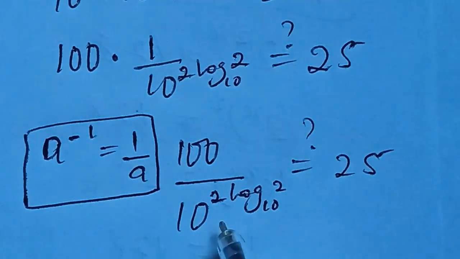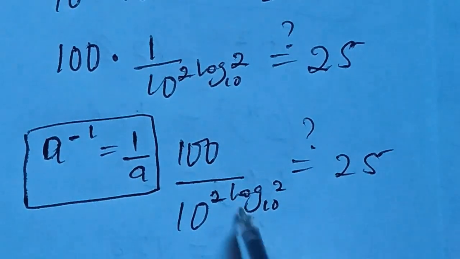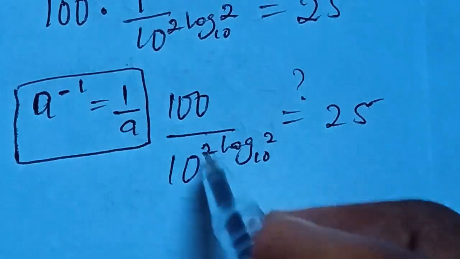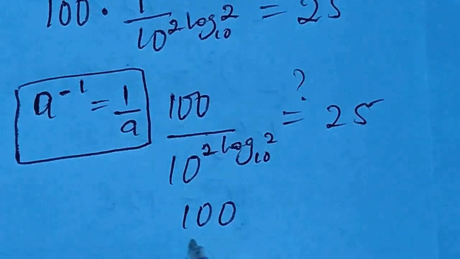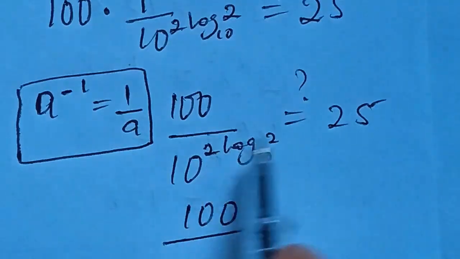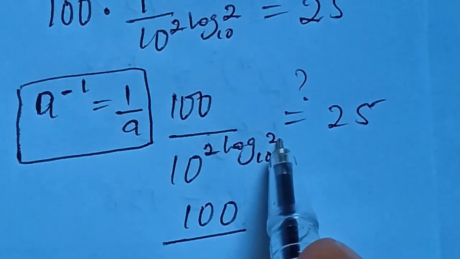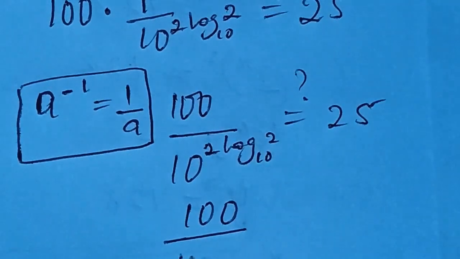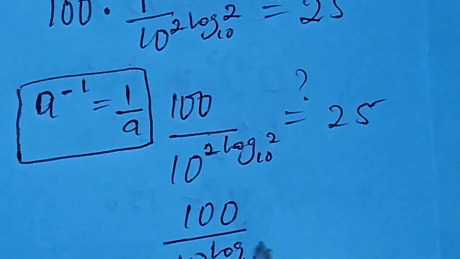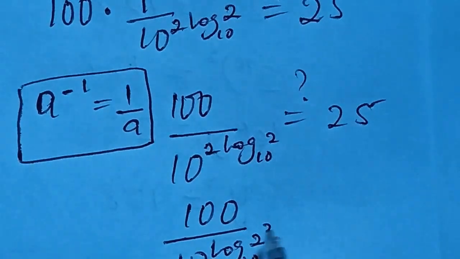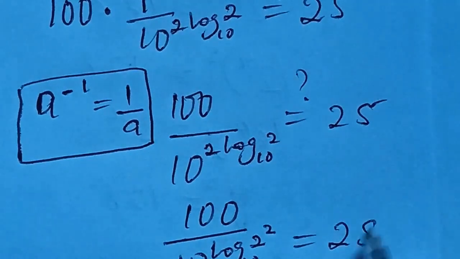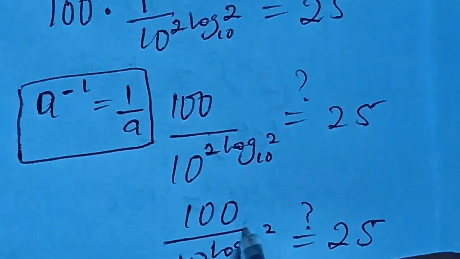Okay, from the denominator, we have 100 over these 2 moved to the power of 2 over here. So we now have 10 to the power of log base 10 of 2, all to the power of 2. Would that be equal to 25?